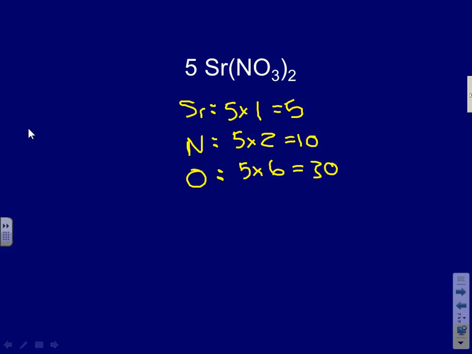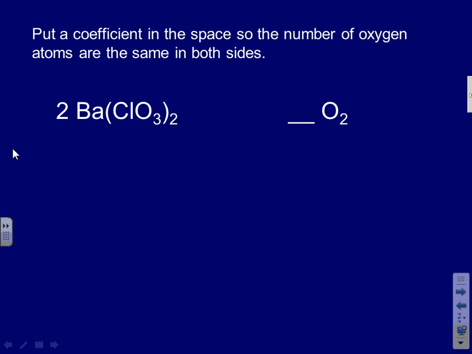So, just looking ahead to what we're going to do tomorrow. Tomorrow, we're going to have to figure out how to balance it. Now, when you balance something, you can change the coefficient, the big number. So let's imagine that we've got some barium chlorate on the left side, and I've got some oxygen on the right side.